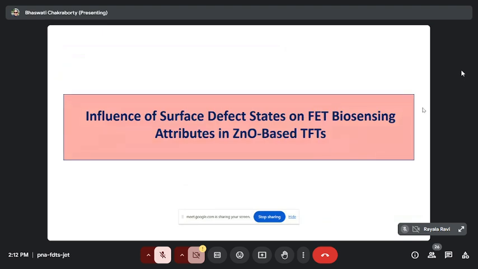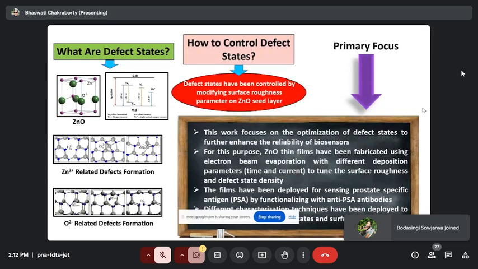Now, first I'll be discussing the influence of surface defect states on FET-based biosensing attributes in zinc oxide-based thin film transistors. We are all familiar with zinc oxide.